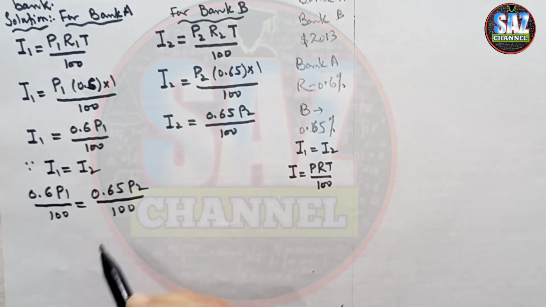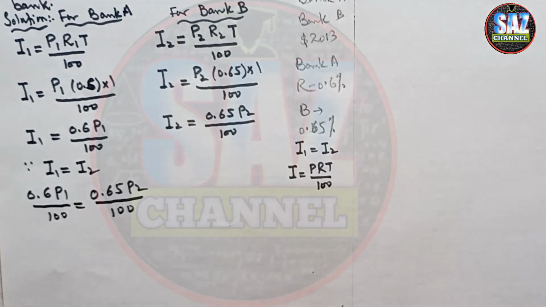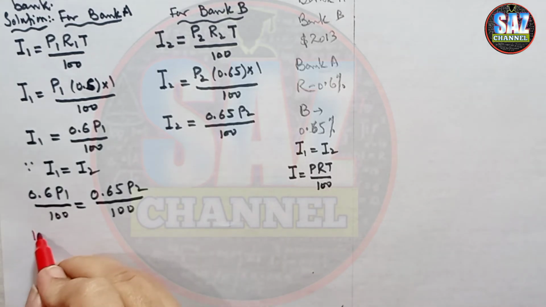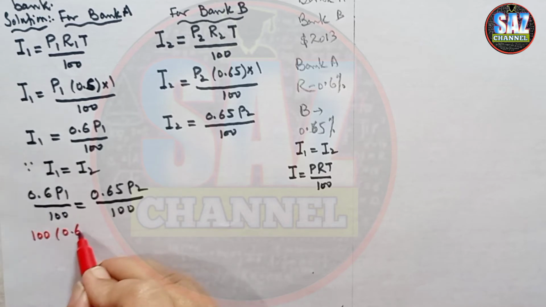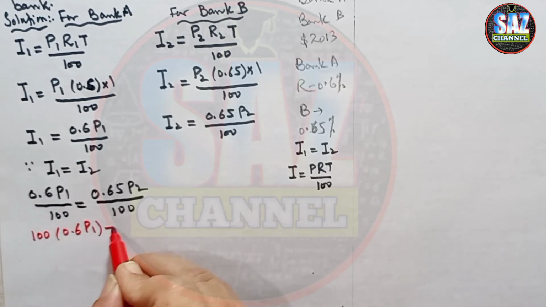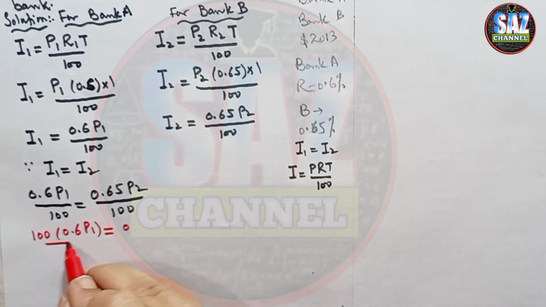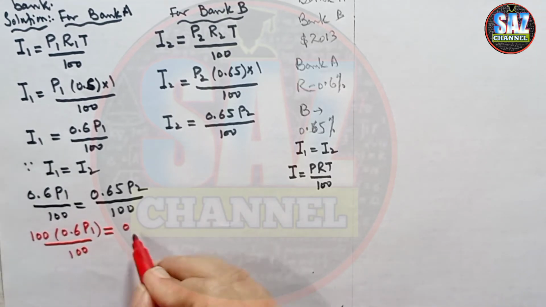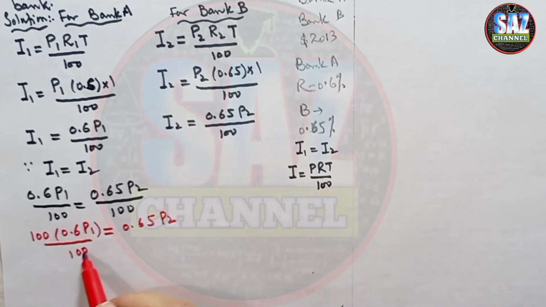Now we can cancel, or we can take this 100 to the other side by cross multiplication. 100 will be coming over here and this will be 0.6 P1 equals 0.65 P2 upon 100. 100 will be going with this 100.